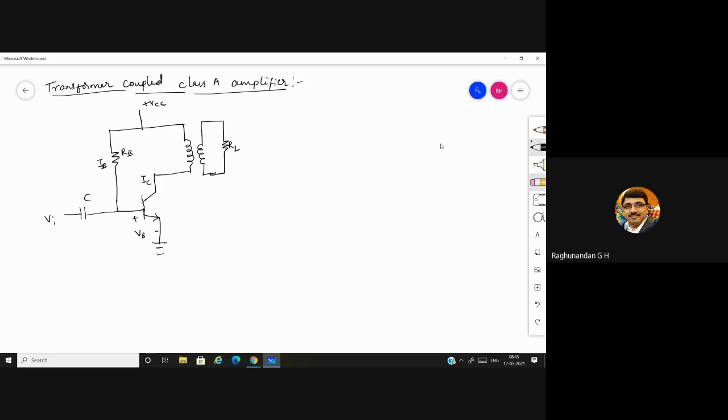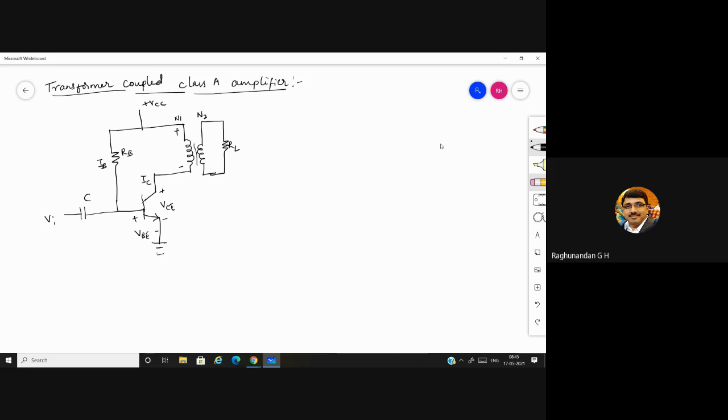So this is the circuit diagram for the transformer coupled class A amplifier. One of the major drawbacks of the series-fed class A amplifier was that RC itself was the RL, and there was no isolation between AC and DC.